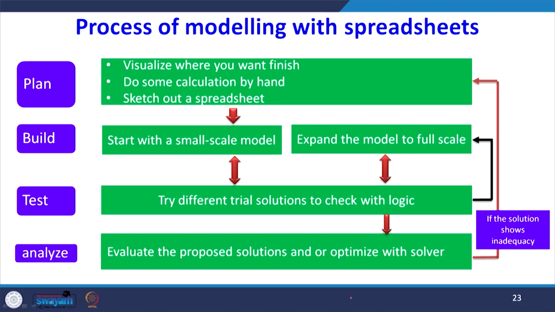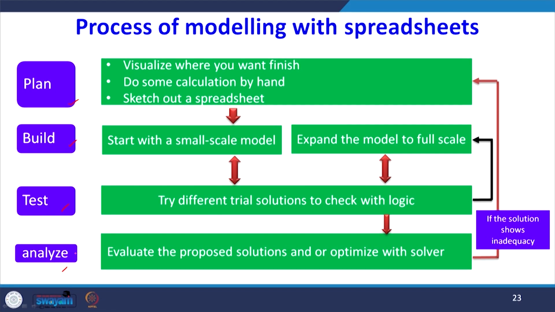Now, I will explain the process for modeling with the spreadsheet. There are 4 stages. One is plan, build, test and analyze. In the planning stage, what you have to do?